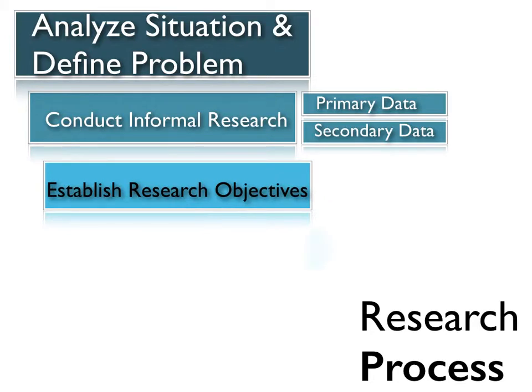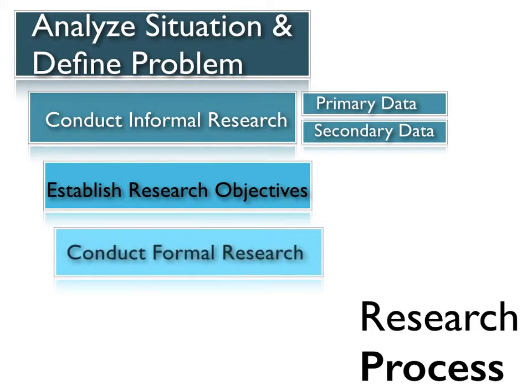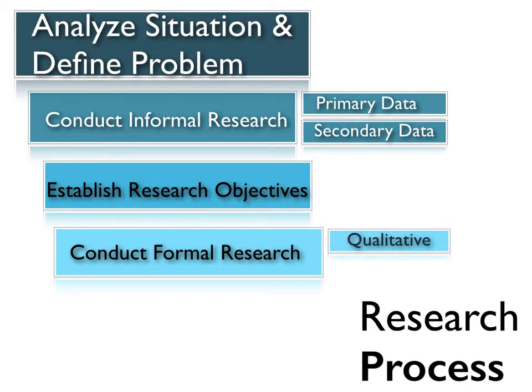Establish research objectives. Conduct formal research, qualitative and quantitative, and we'll go over that very briefly, okay? And we have two courses on this, with consumer behavior. There's a market research class, and then there's an account planning class. So this is a huge field.